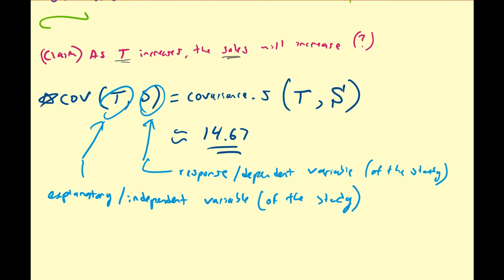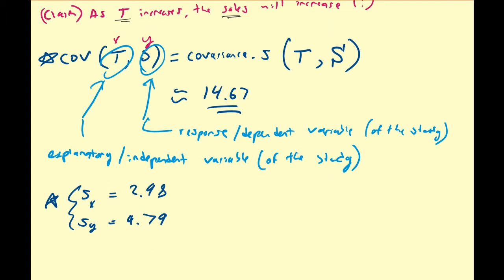Alright, so we calculated our covariance. We can also calculate our standard deviations. Sx, for example, is going to be 2.98, and Sy is going to be equal to 4.79. Here I'm calling Tx and Sy to avoid confusion in notation.